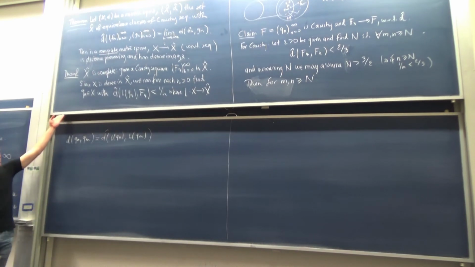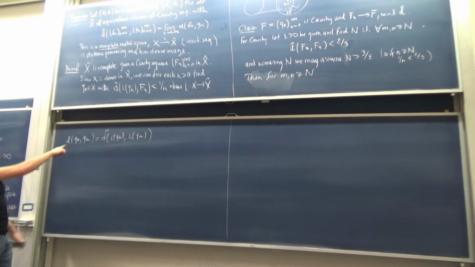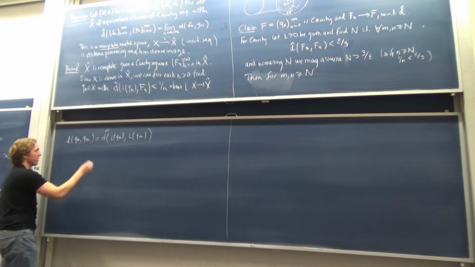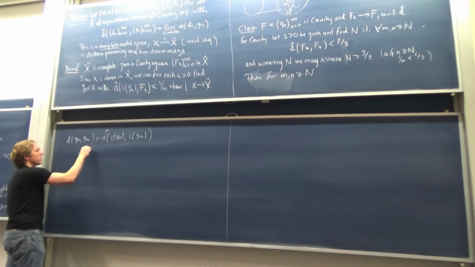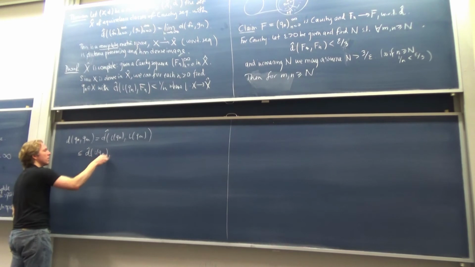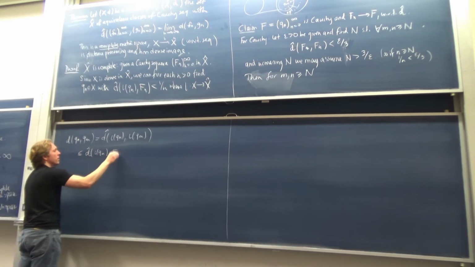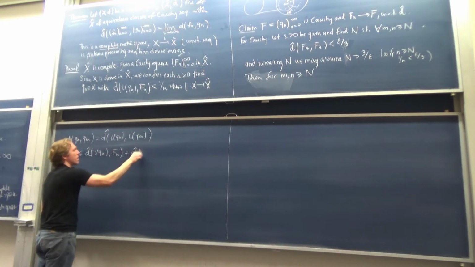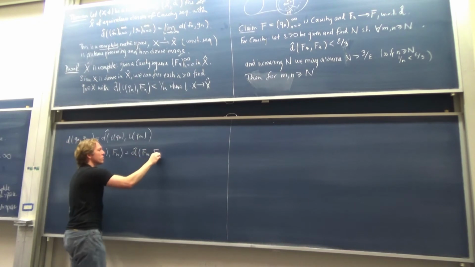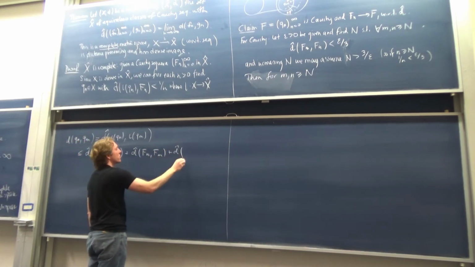Now I can use the triangle inequality to wedge in between these two guys some of the capital F's, so that's less than or equal to the distance to Fn. I'm doing the usual trick using the triangle inequality twice.